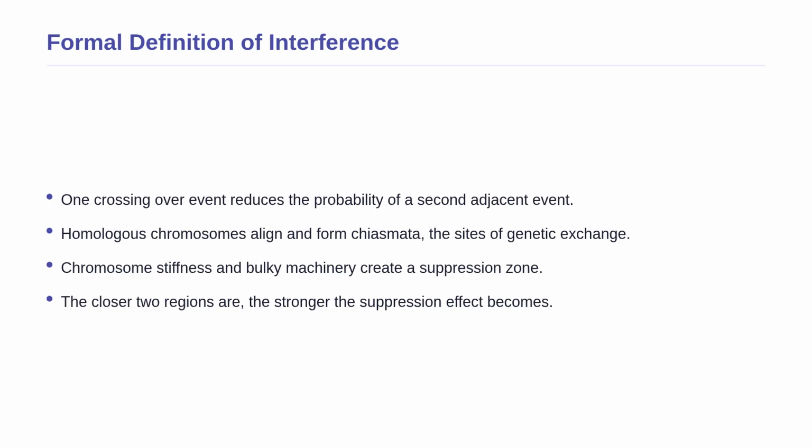Because the chromosome has stiffness and the recombination machinery takes up space, a single chiasma creates a suppression zone around it. The closer two regions are, the stronger this suppression becomes, ensuring crossovers are evenly spaced rather than clustered together in one tiny spot.